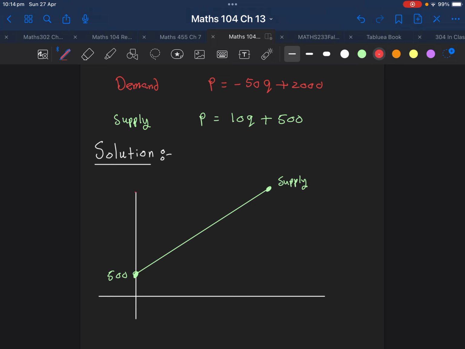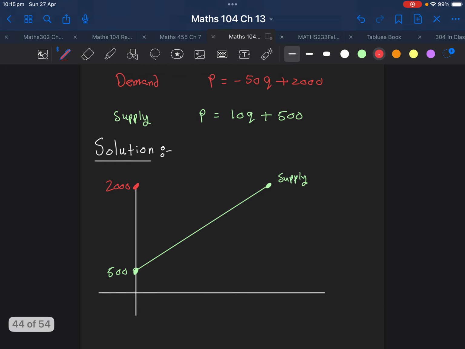Now for the demand, it will start with 2000 and it will just go down to something much less, which is, I don't know, it would be here.